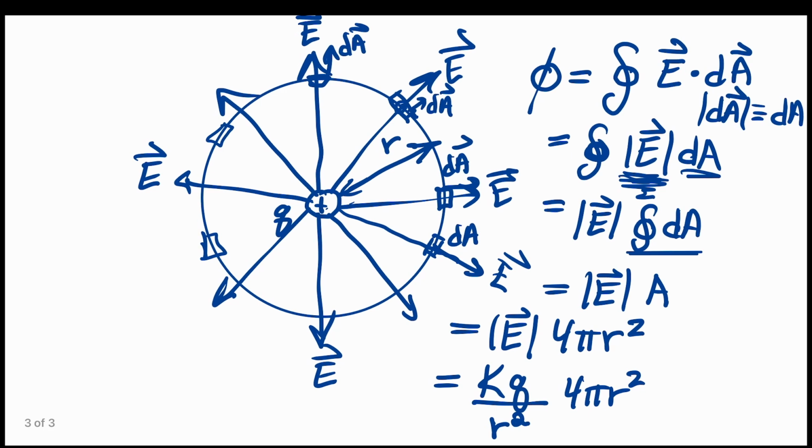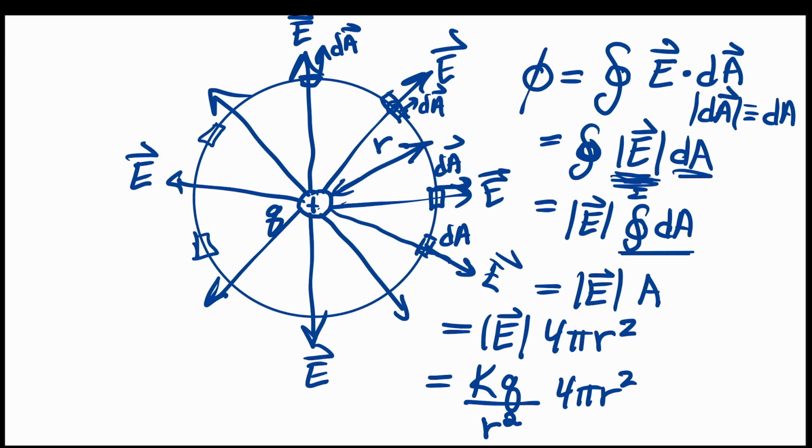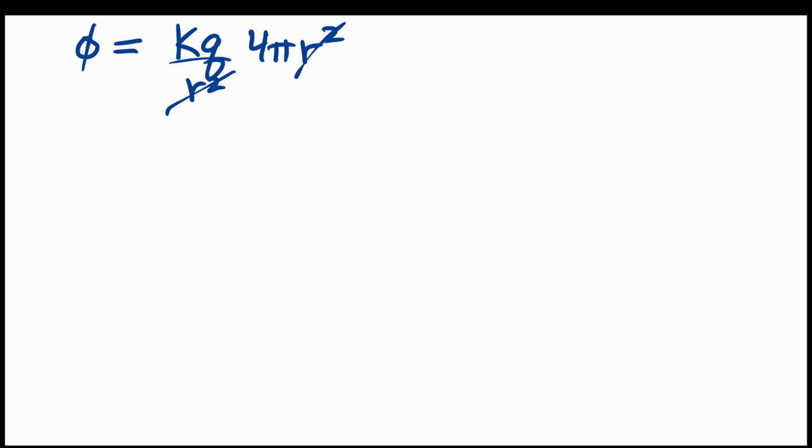All right, so now let's simplify this. Let's rewrite it. We have the flux equal to kq divided by r squared, times 4 pi r squared. The r squared cancels out. We are left with 4 pi kq.